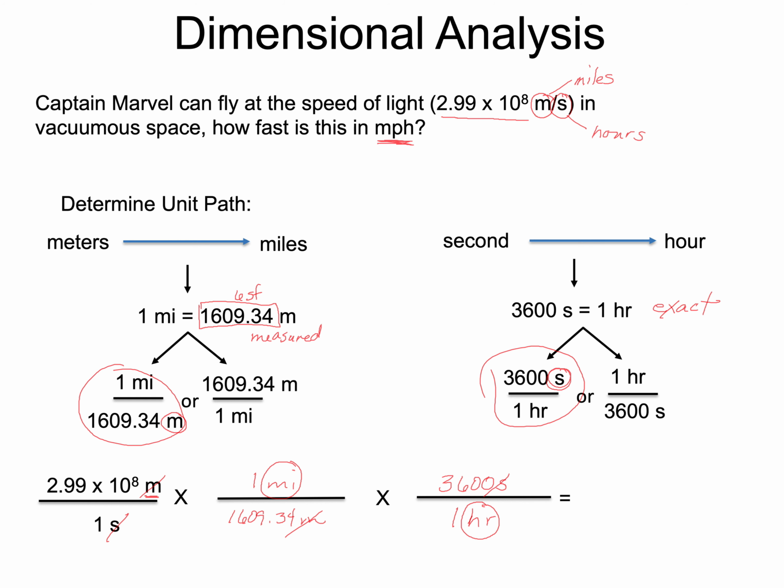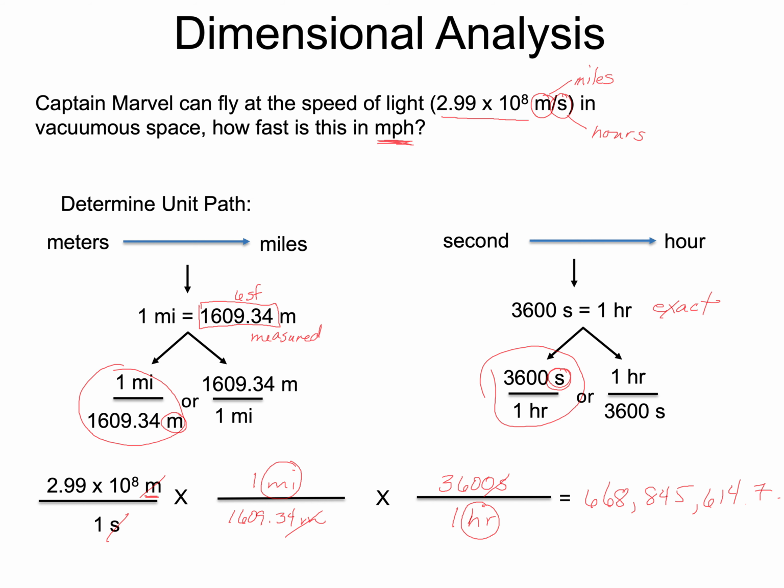So it'll be divided by 1,609.34, and this gives you a value, and I got a fairly long number on my calculator of 668,845,614, and there's some decimals to that, and so forth.